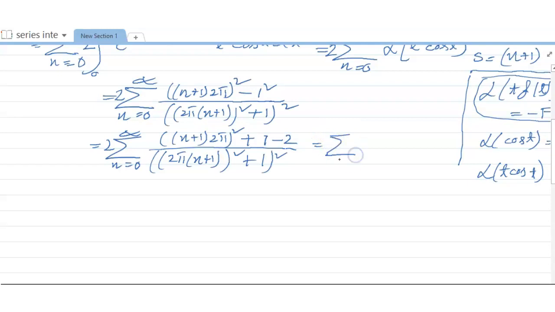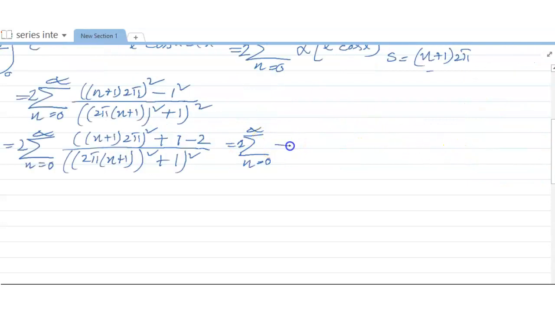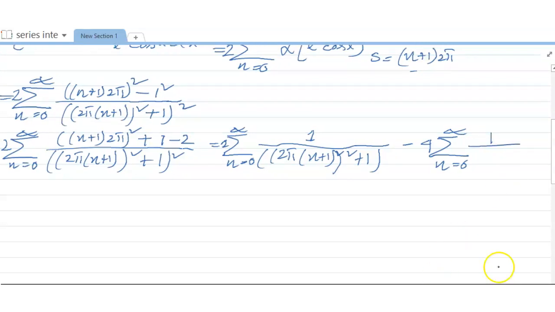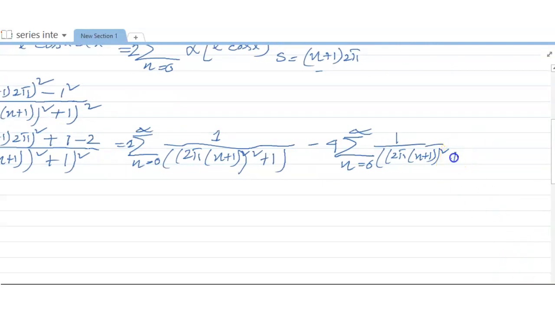Equals summation n equals 0 to infinity 2 into ((2 pi (n plus 1)) whole square plus 1) divided by ((2 pi (n plus 1)) whole square plus 1) whole square, which is 1 minus 4 into summation n equals 0 to infinity 1 by ((2 pi (n plus 1)) whole square plus 1).